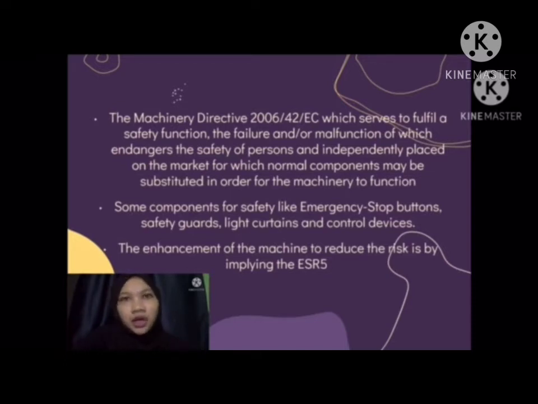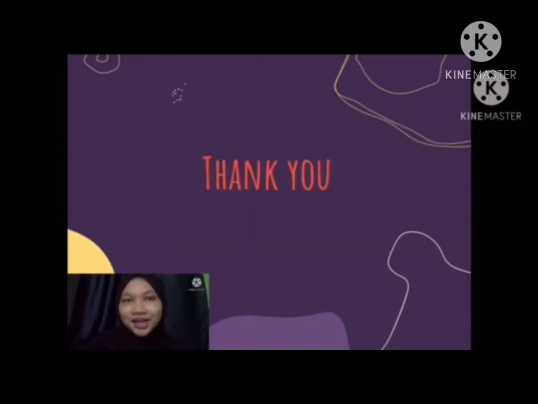This could be helpful to enhance the safety of machines, persons, and environment, which promises a lot for a machine with ESR5. Every company or factory that builds machines should consider ESR5 for their machine, so every invention is safe to use and can reduce the risk of harm through the machines. Thank you. I'll pass the presentation to the next presenter.